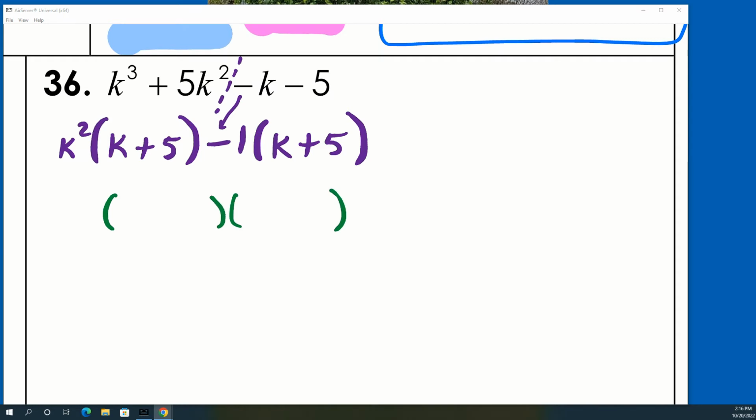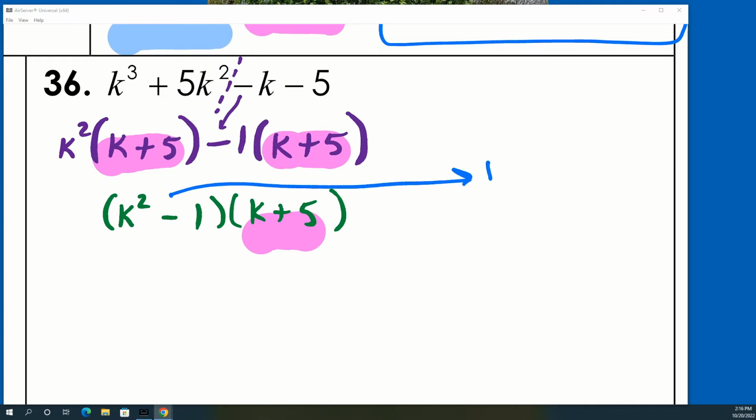Okay. Then we do our 2 parentheses. What we factored out goes in one set. So that's the k squared minus 1. What they have in common, what was left over, goes in the other set. Do we need to keep going? Yeah.